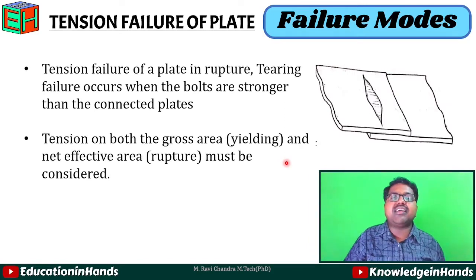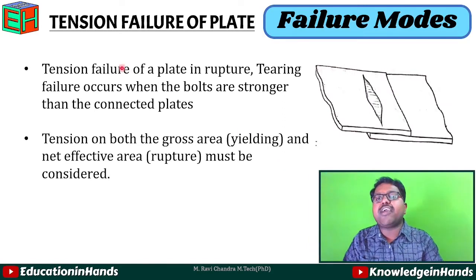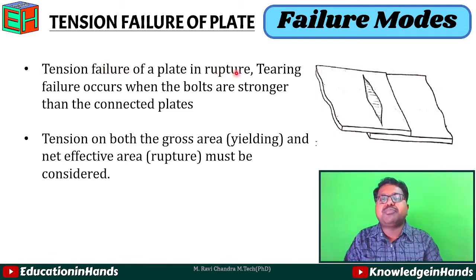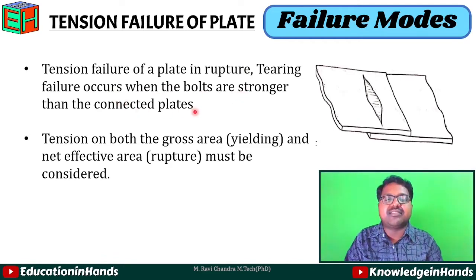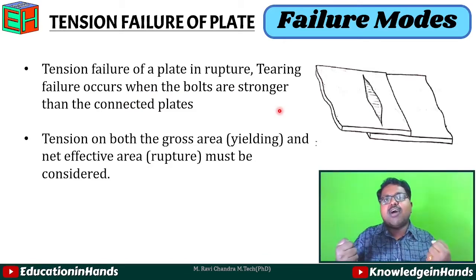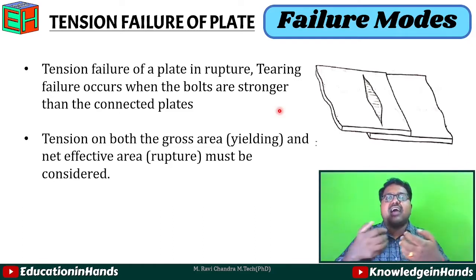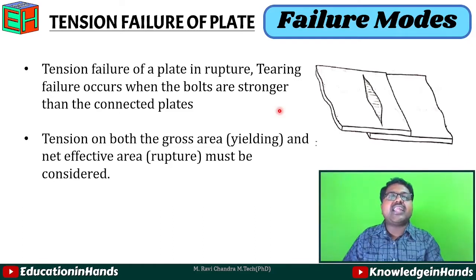Then the next one is tension failure of the plate. Rupture or tearing failure occurs when the bolts are stronger than the connected plates. So we are providing more tension on the plate. If the bolt is strong enough and the plate is unable to resist, then rupture or tearing failure in the plate will happen like this.